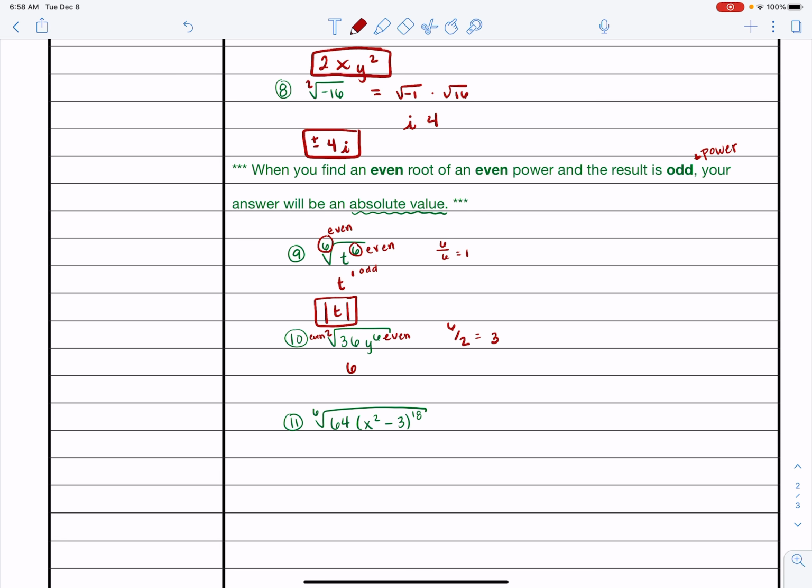So I have y^3. Okay, I have an even root, an even power, and it left me with an odd power. That means this y cubed needs to be an absolute value. So my answer is 6 times the absolute value of y cubed.